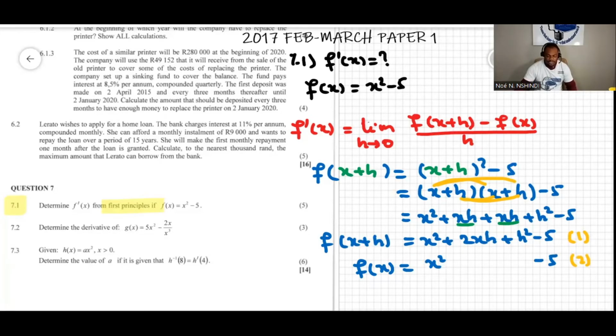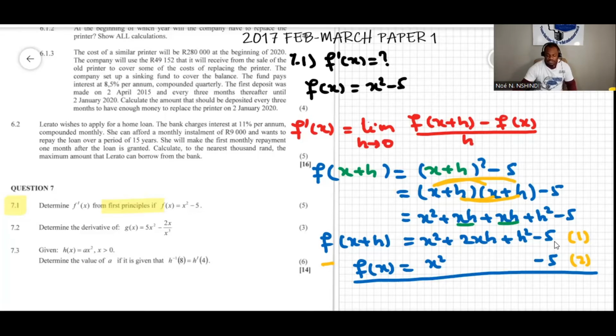Now we can do function 2 minus function 1, or function 1 minus function 2. Why am I saying that? Because I'm just working out the numerator of this fraction, f of x plus h minus f of x. So this is f of x plus h, in expanded form, minus f of x, x squared minus 5. It's better to write the terms of the same variables under each other: x squared under x squared, and the negative 5, which is a constant, under the constant.